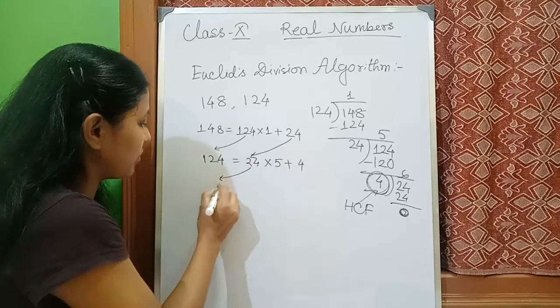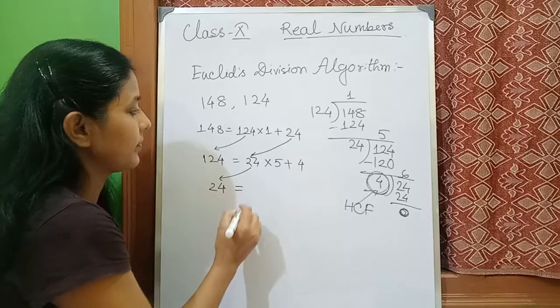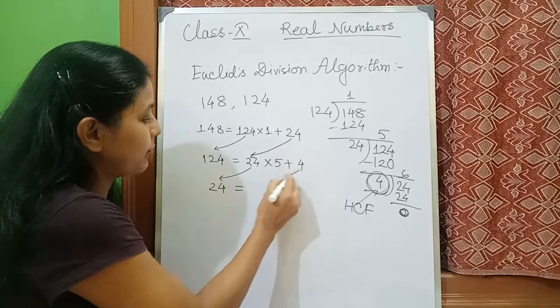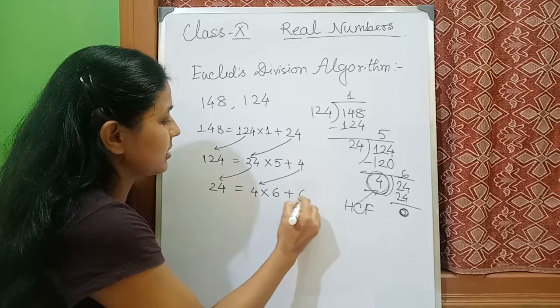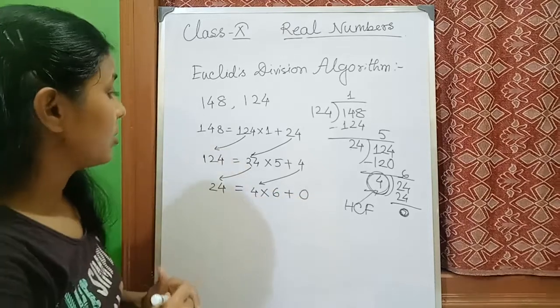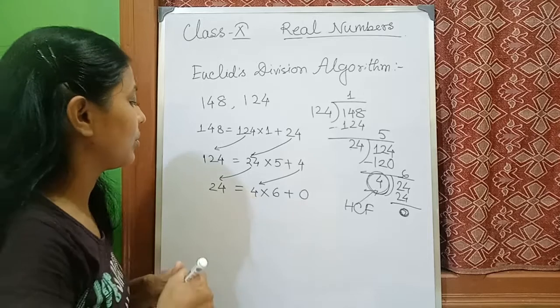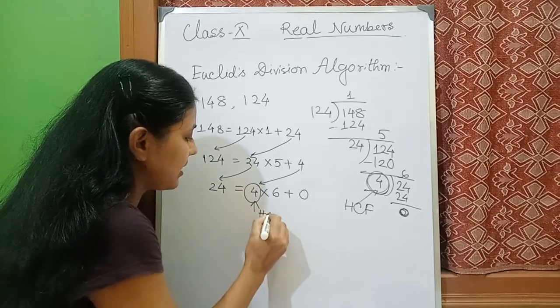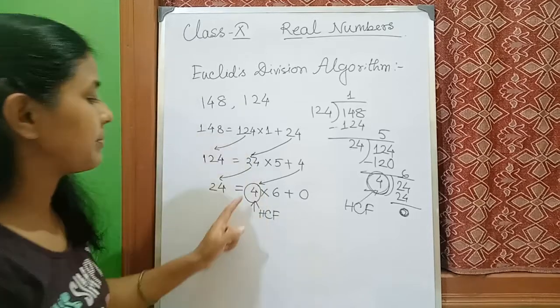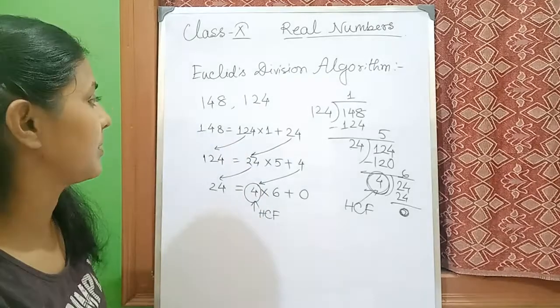Again 24 will be dividend and 4 will be the divisor: 24 equals 4 into 6 plus 0. So once we have got 0, the last step's divisor will be HCF. That means 4 will be HCF.